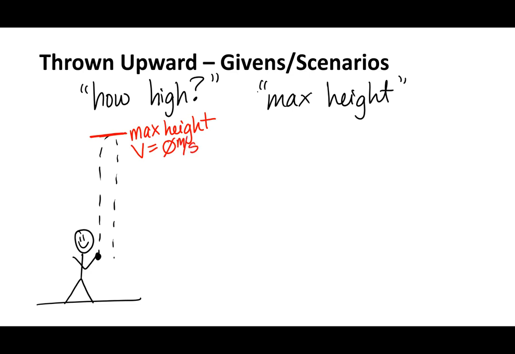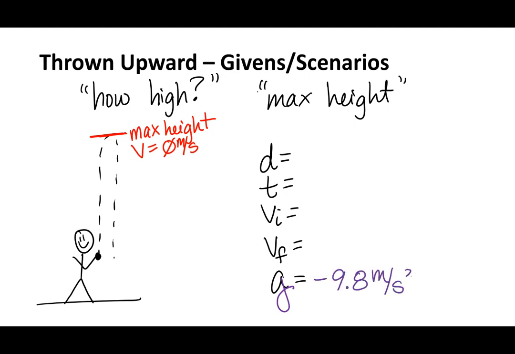So what kind of givens would we have? So d, t, Vi, Vf, and a. First, we always know a, right? a is g, the acceleration due to gravity, so negative 9.8 meters per second squared. Next, we said that for an object to go up, it has to have an initial velocity that is not zero.